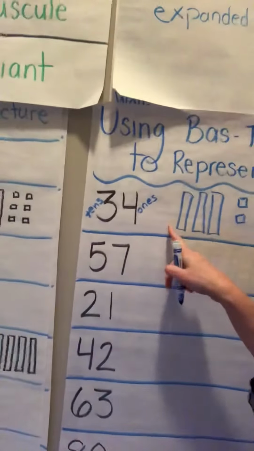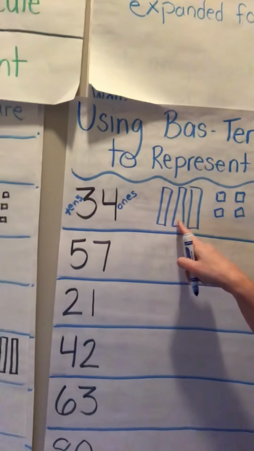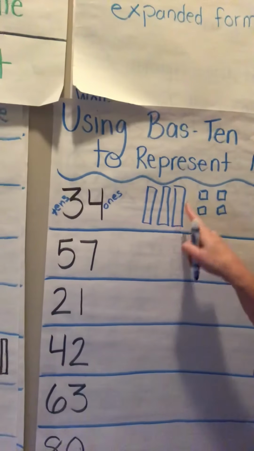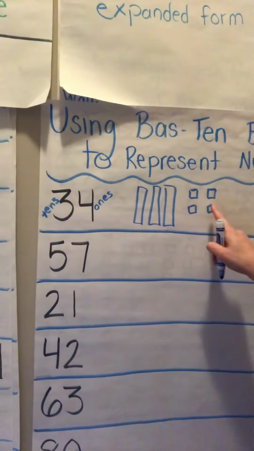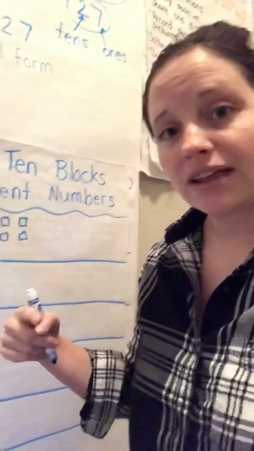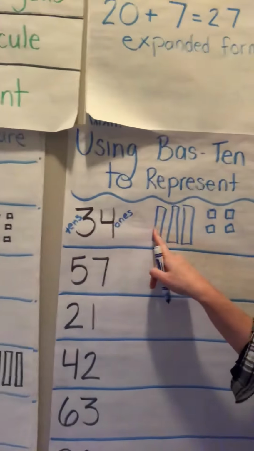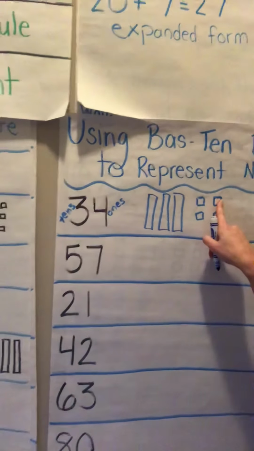So first we count by tens. We have 10, 20, 30. Now count on 31, 32, 33, 34. So to represent 34 with base 10 blocks, we have 3 tens and 4 ones. So your job will be to finish the rest of these numbers on your own and draw your base 10 blocks. Can't wait to see your work.